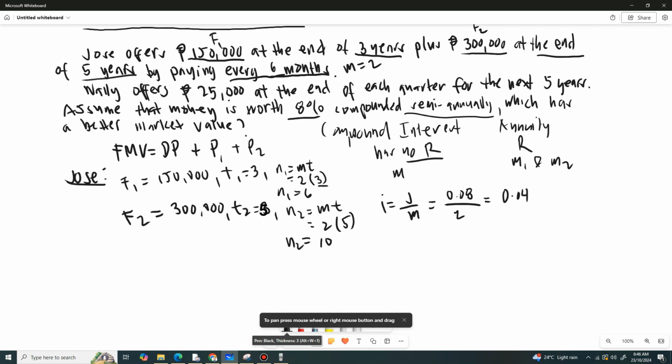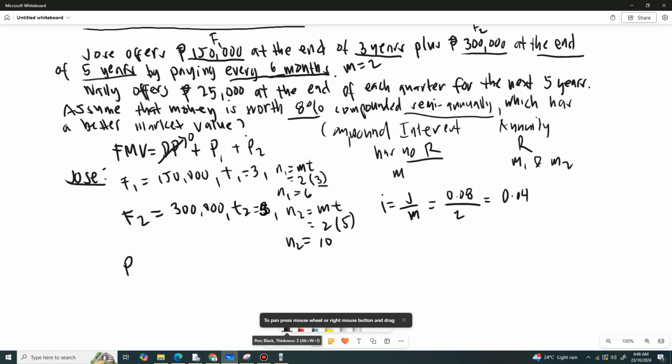Okay, so we are going to solve the present value 1 and present value 2. By the way, down payment is not given, so let this be 0. So we're going to get the sum of P1 and P2 to get the fair market value.